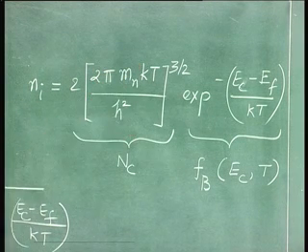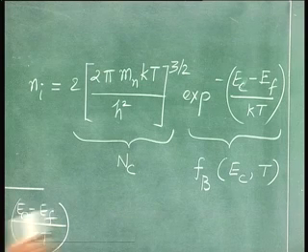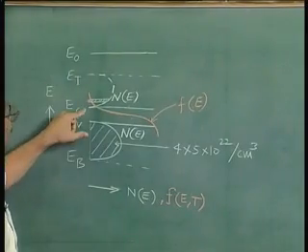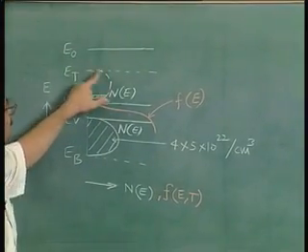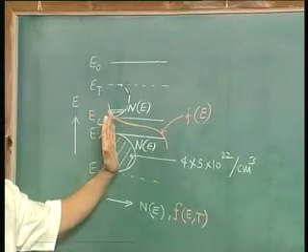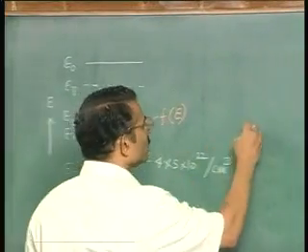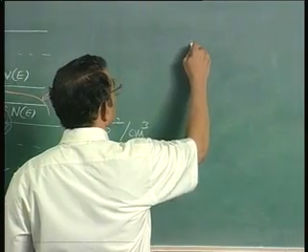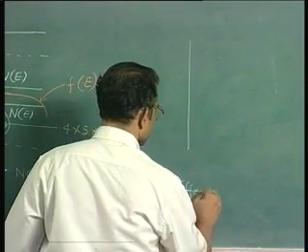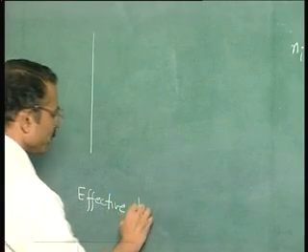So what this formula is saying is something like this. Although this is the actual picture, where you have the states distributed over energy here, in a simple representation we could regard this picture as equivalent to something like this. So this is an effective picture, the effective band picture.